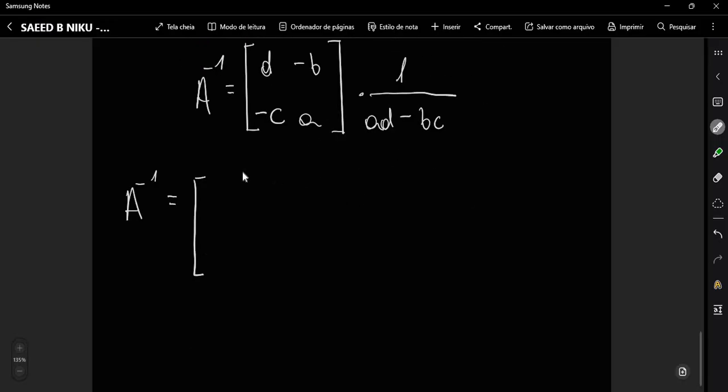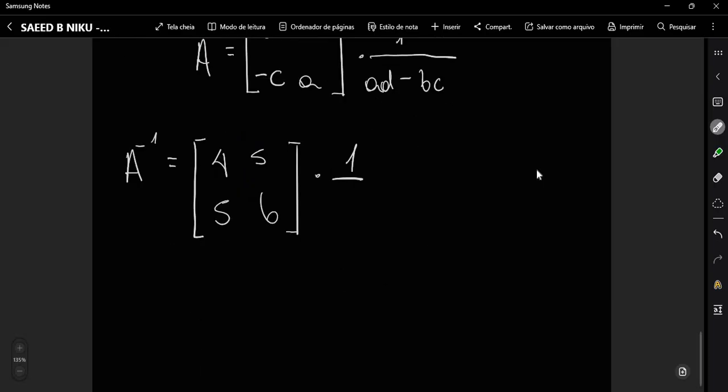So right here is going to be 4, right here is going to be 6, and 5 and 5, times the determinant, which is -1.